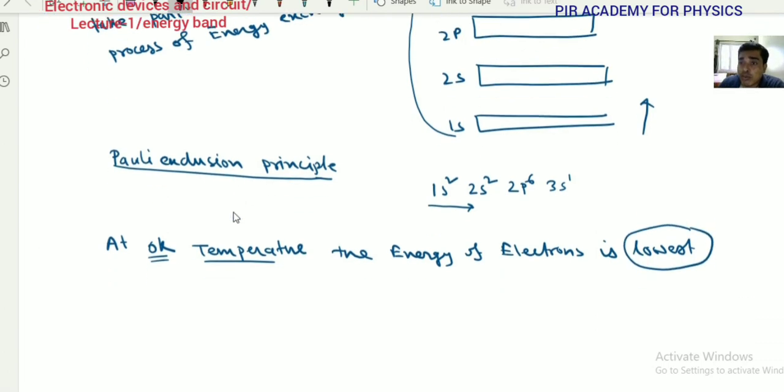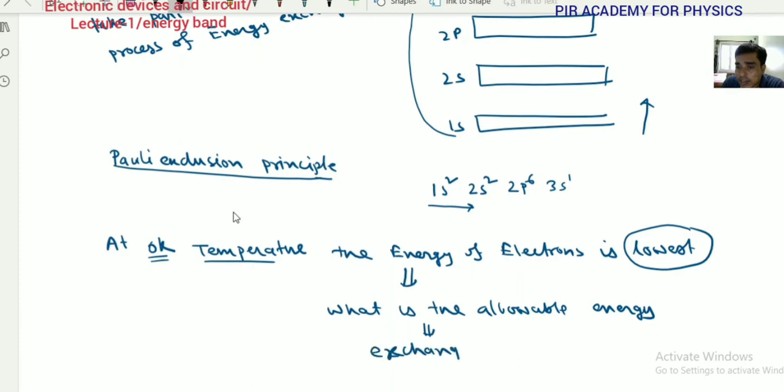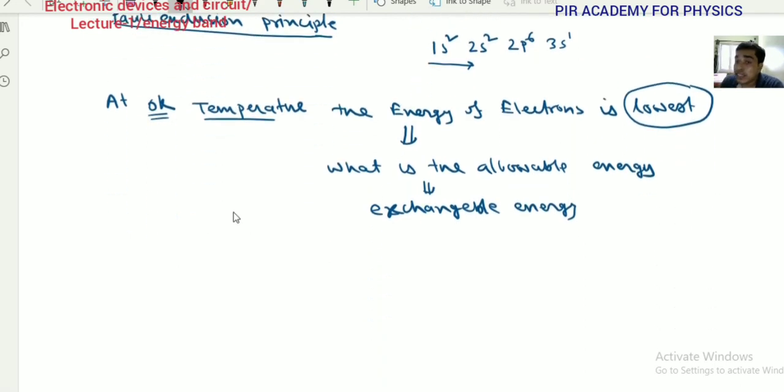Now you have to know what is the allowable exchangeable energy. What is the exchangeable energy?